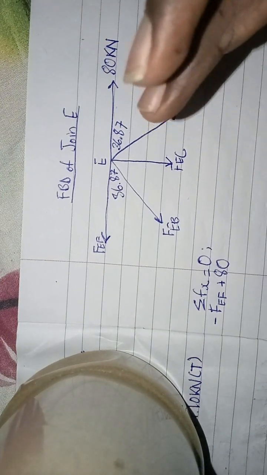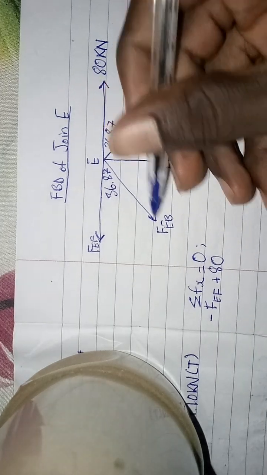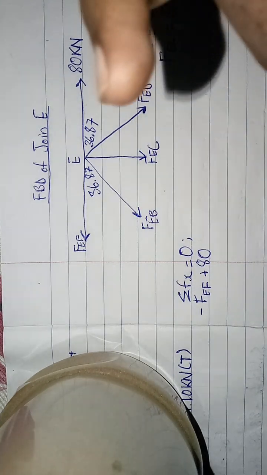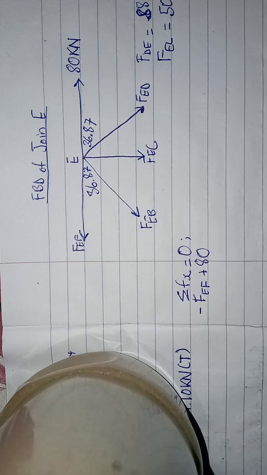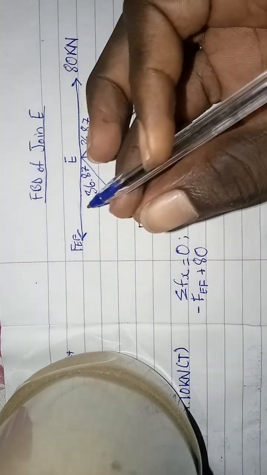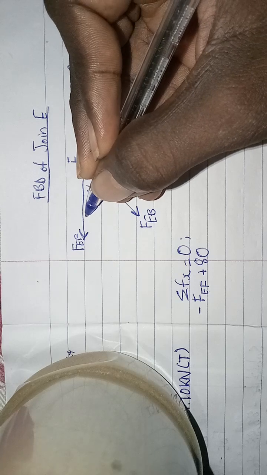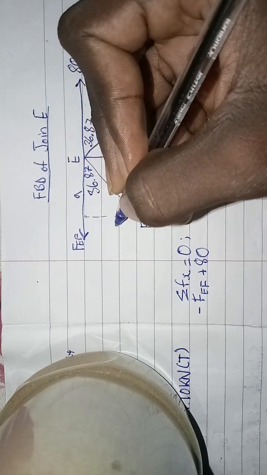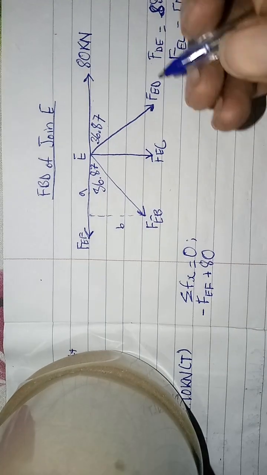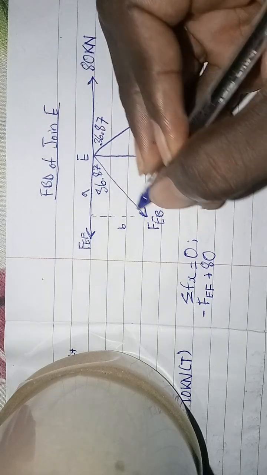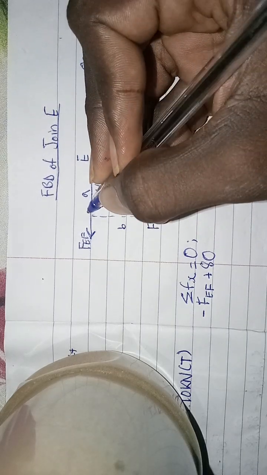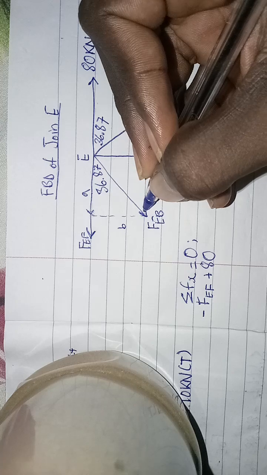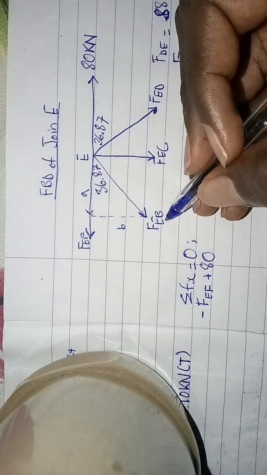For every inclined force, it has both horizontal component and vertical component. So let's find its horizontal component. Let's take here A and here B. For the horizontal component of this inclined force, we are going to deal with the adjacent, from here to here, and the hypotenuse, which is force EB.